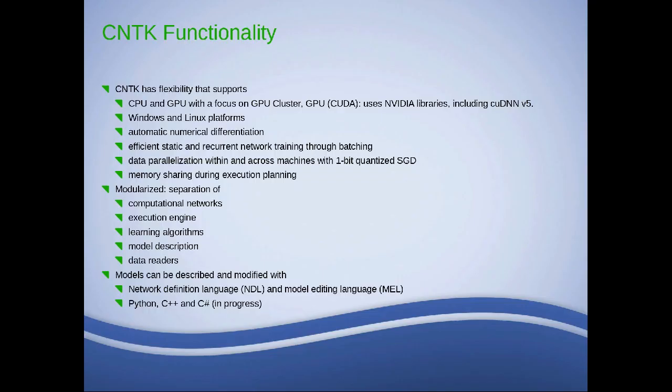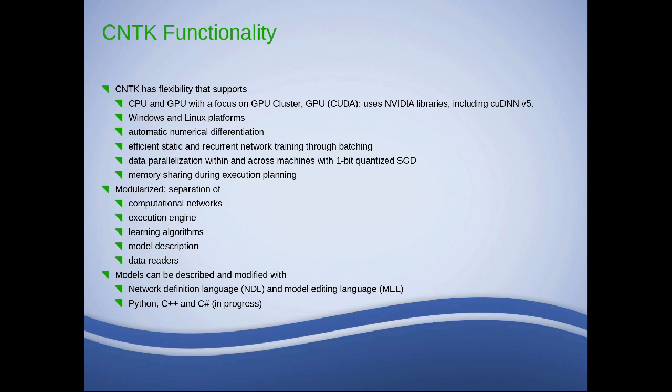Here we learn about CNTK functionality. CNTK supports development of deep learning applications on, first, CPU and GPU with a focus on GPU cluster. Second, GPU CUDA uses Nvidia libraries, including cuDNN v5. Third, Windows and Linux.